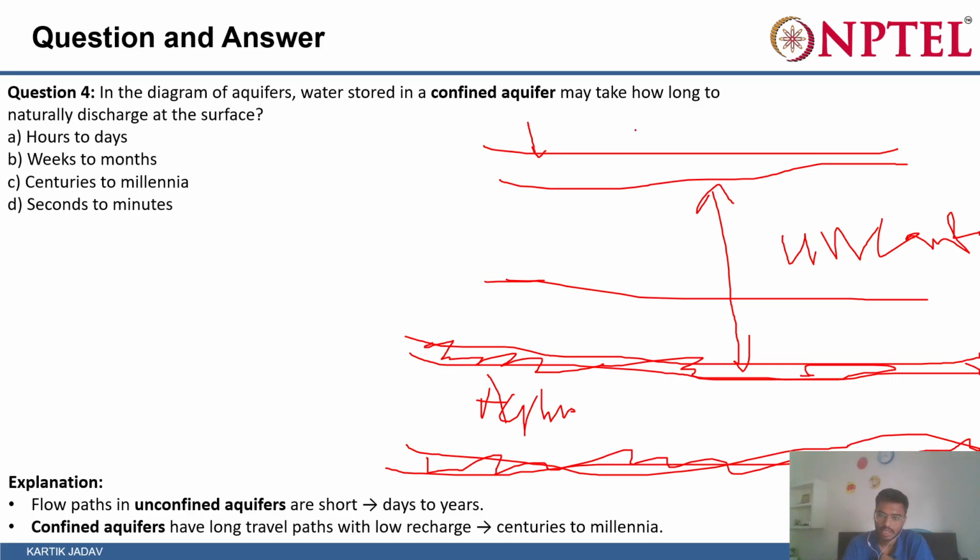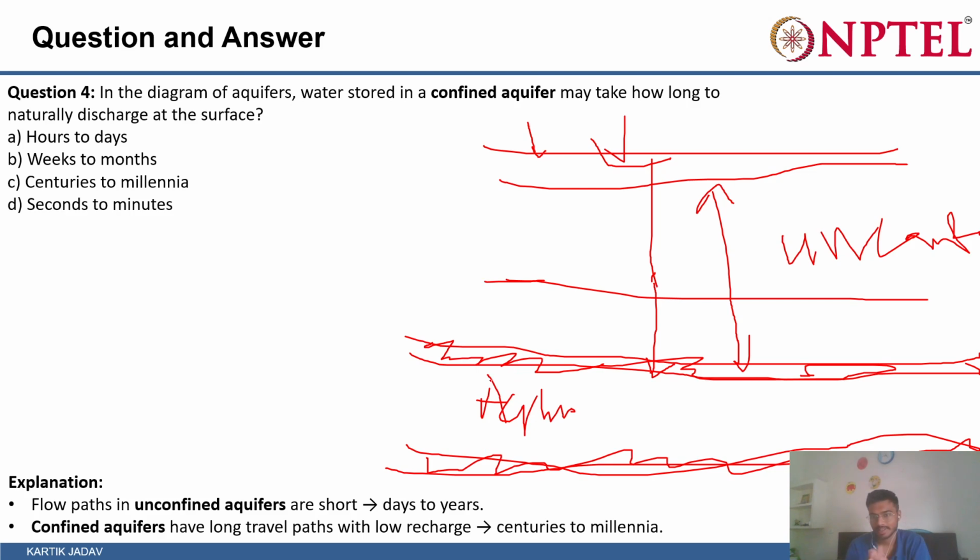So whatever recharge takes place from the surface will first appear in the unconfined aquifer, then it slowly moves down toward the confined aquifer. This process is very slow because the confined aquifer lies in between confining beds.